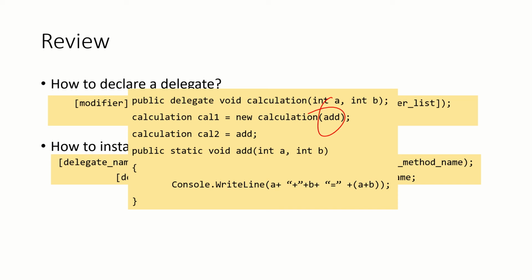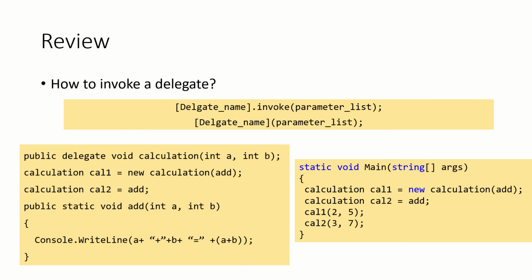Or in another way, we can directly assign the method there. When you assign, you don't have to put the parentheses in, just the method name, only the method name. Once you assign the method, you can call the delegate using that delegate name. We created two delegates there, right?